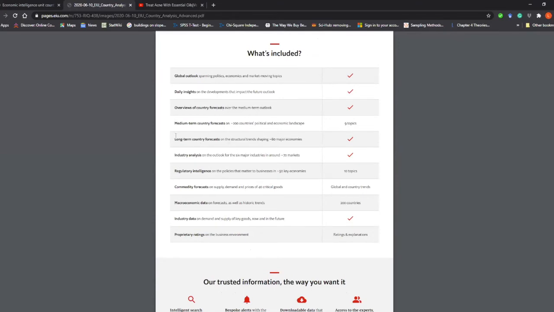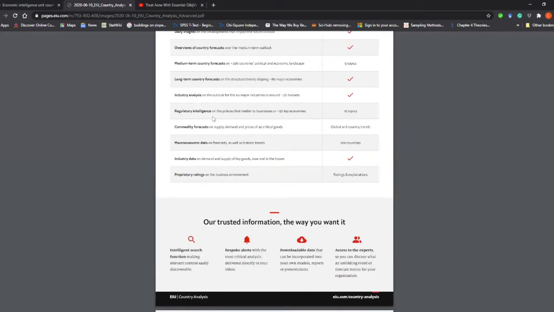They'll also give you medium-term country forecasts on 200 countries' political and economic landscapes on the basis of 9 topics, long-term country forecasts on the structural trends shaping 80 major economies, and industry analysis on the outlook for the 6 major industries in around 70 markets.